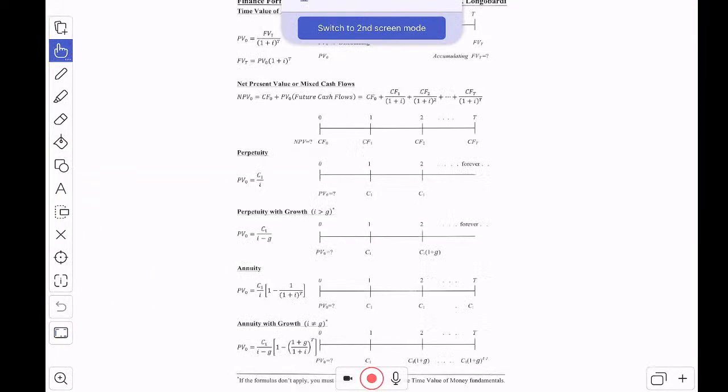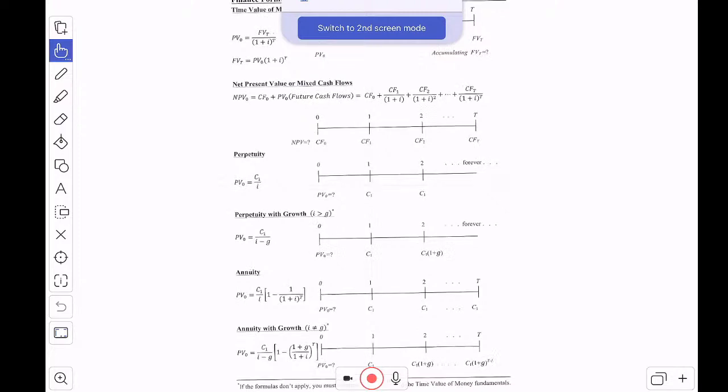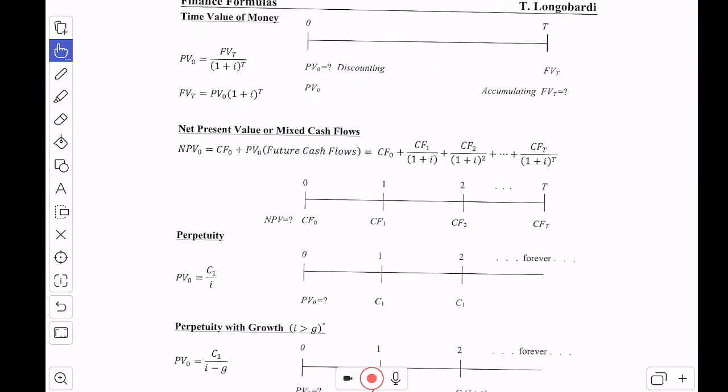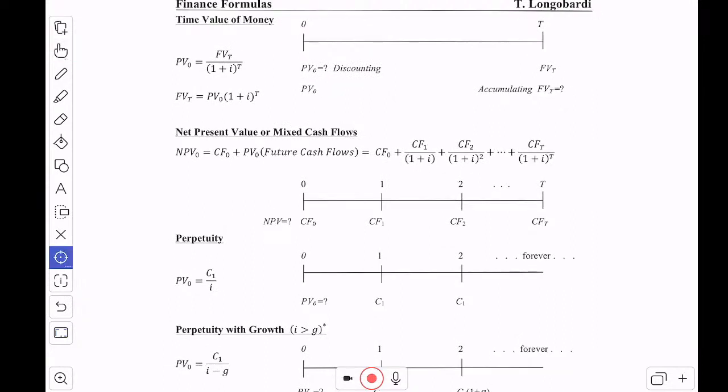So on the formula sheet, what we've done so far is discuss the basic time value of money as a discounting formula and an accumulation formula, and that's why we're here now, net present value.